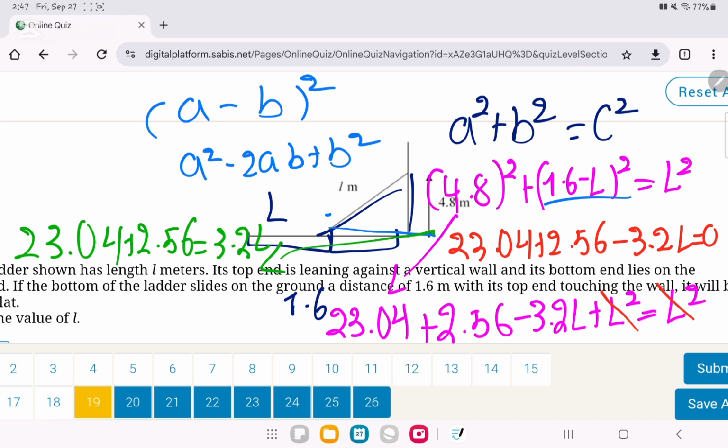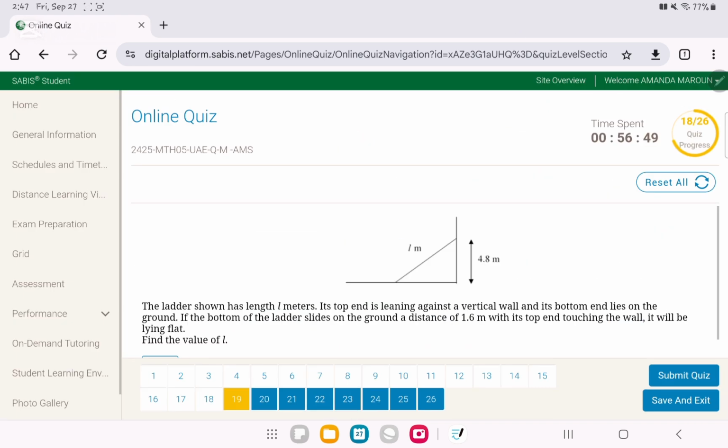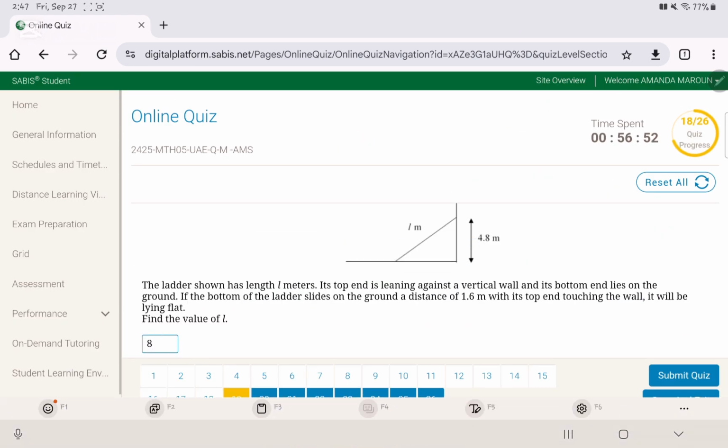When we add, we get 25.6 is equal to 3.2 L. So L is equal to 25.6 over 3.2, which is 8 meters. So we used the Pythagorean theorem and we got the value of L.